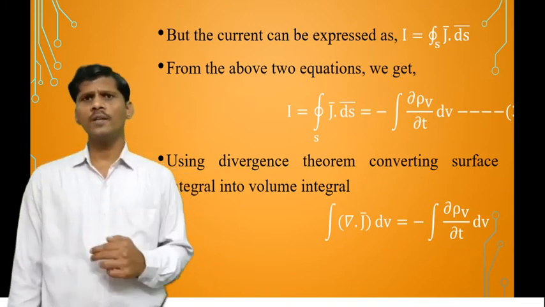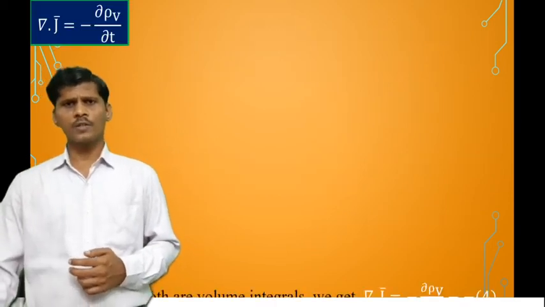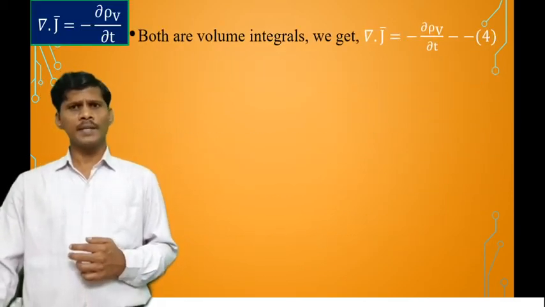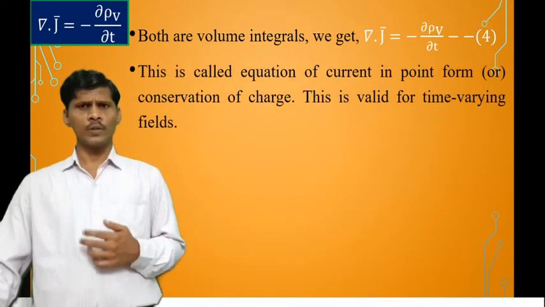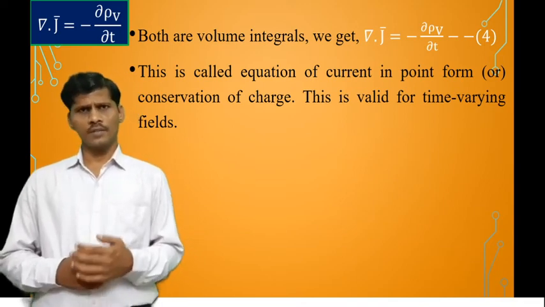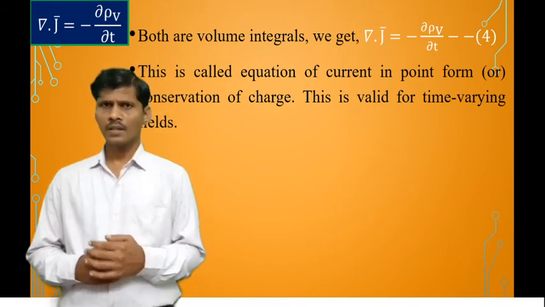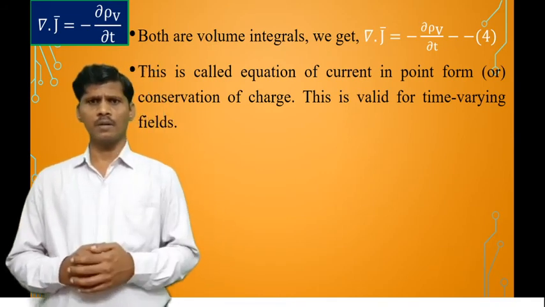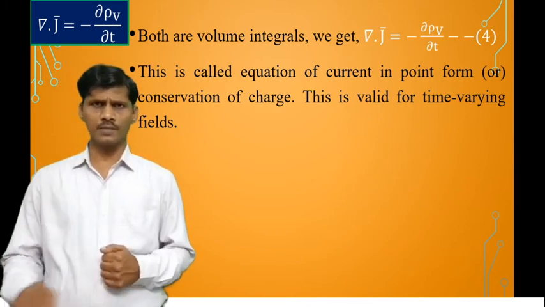On both sides, the volume integrals are cancelled. We get del dot j bar is equal to minus dou rho v by dou t. This is called the equation of current in point form, or conservation of charges in time varying fields.